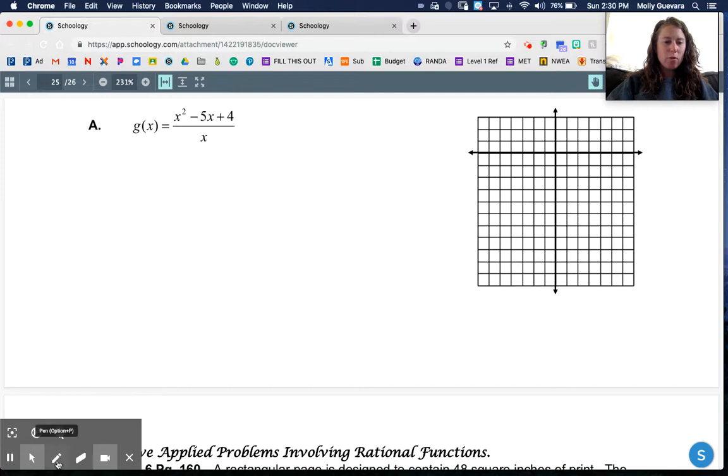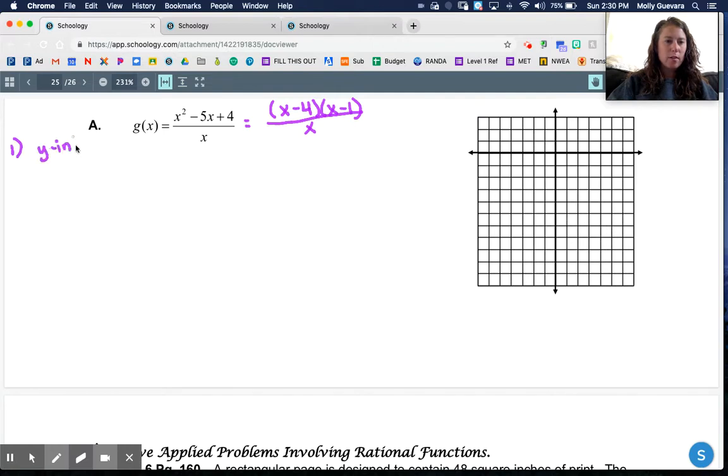Okay, so hopefully, let's check our work here, but hopefully we started with factoring. So this top factors into x minus 4, x minus 1, and the bottom is just x. So I'm going to start with my y-intercept.